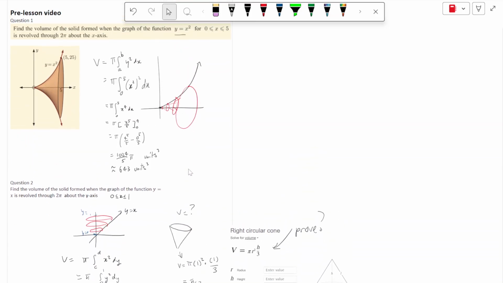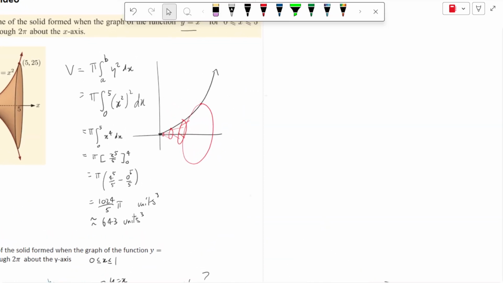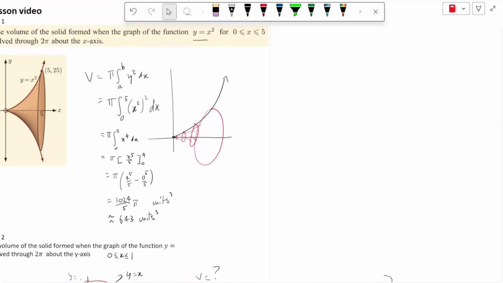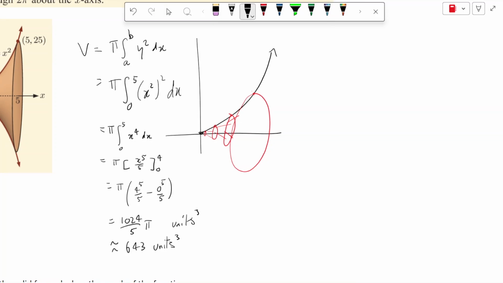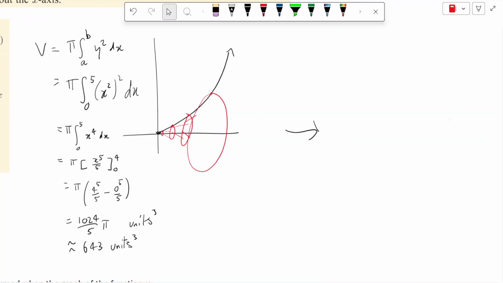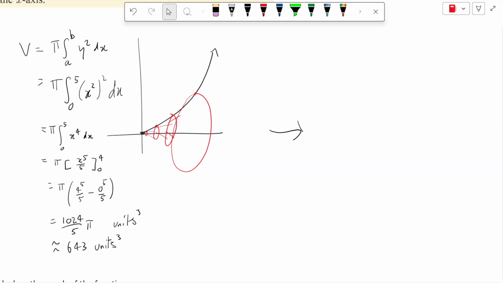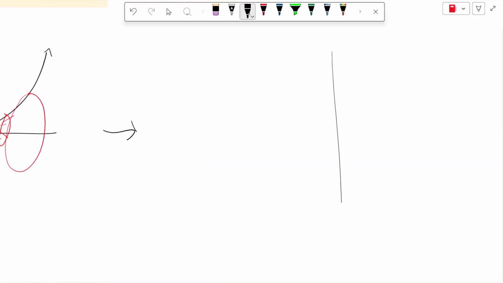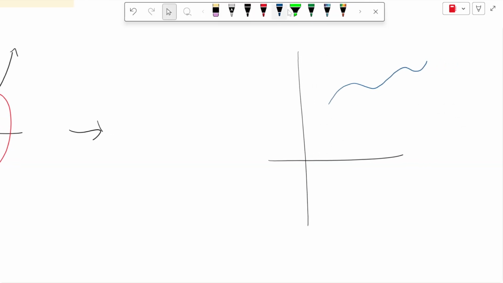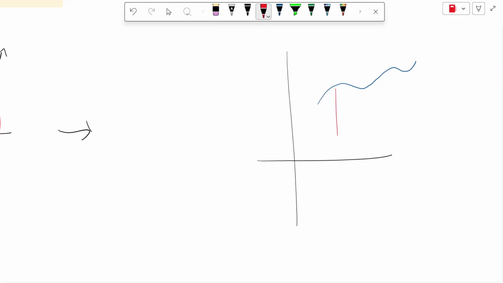The other thing that I'd also want to do is prove the volumes of revolution formula. So essentially, if we have something like this, a function like that, and we would like the volume of revolution between those points here, you can slice it up into a whole bunch of cylinders.